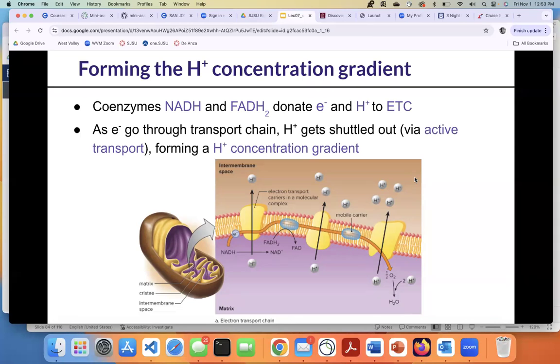So we're forming the situation in which we're putting hydrogen where it doesn't want to go.